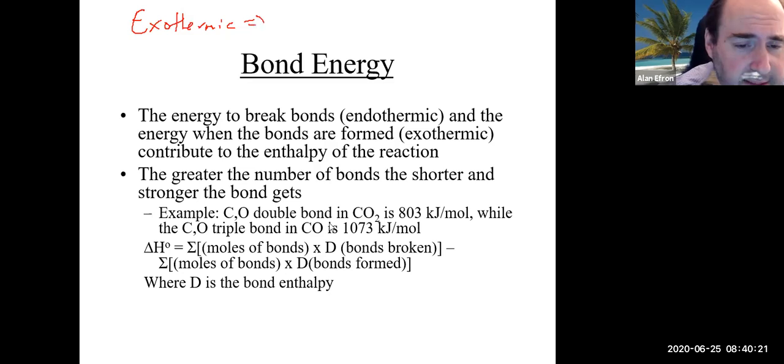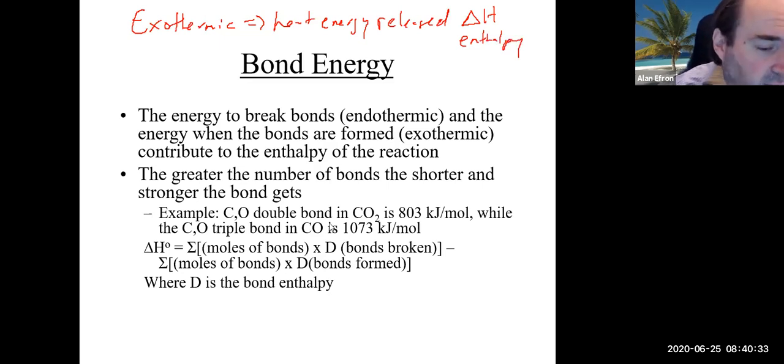Exothermic basically means heat and energy is released. And delta H, which is the enthalpy, is one way that we look at heat and energy in a reaction. If the delta H is negative, that implies the reaction is exothermic, so heat and energy is being given off.